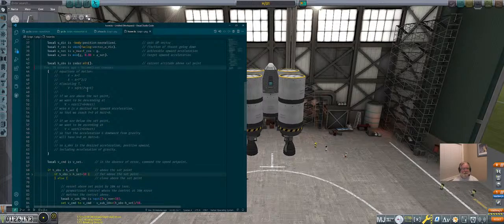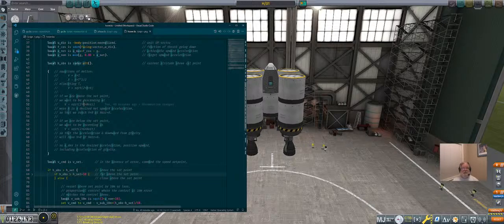So I go over the equations of motion. V is AT and x equals AT squared over 2. So we eliminate t, we get V equals square root 2ax. So if we're above the set point, then here's the curve we want to be on when we're decelerating. We want to be on a curve where at any given height error, our velocity is square root of 2 times a times the height error, for some acceleration a, which is going to be this a nom val.